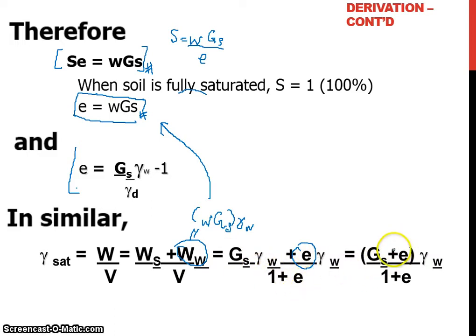We can factorize the Gs plus e times gamma w outside, and that gives the final relationship of gamma saturated. So now we already know gamma bulk in the new terms, gamma dry, and also gamma saturated.